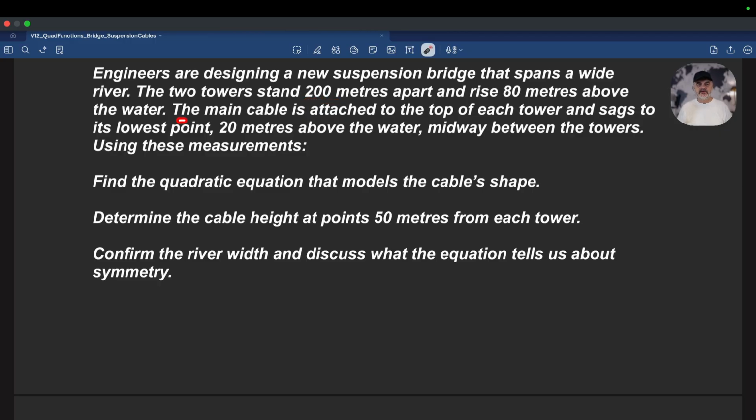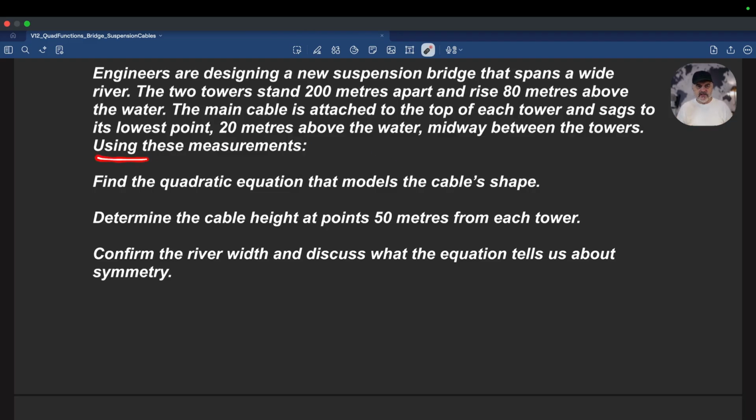And there's a cable. The main cable is attached to the top of each tower, and it sags to its lowest point 20 meters above the water. So you can start visualizing that there is a vertical line, and there is a cable that would hang down, forming parabolic shapes. Right.